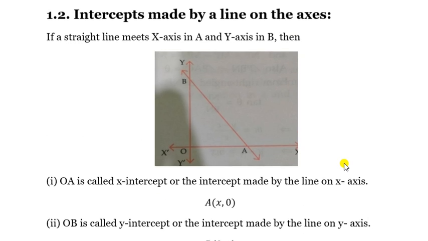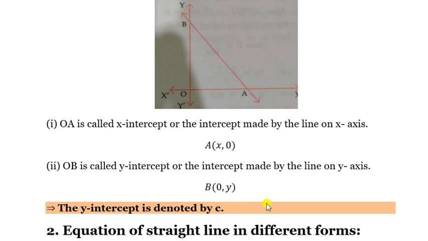Okay, see, you can see here the coordinate of B is (0, y). And what I said, y-intercept is denoted by c. Is it clear? You will get a few questions about x-intercept, y-intercept. That's why I took this from your book.